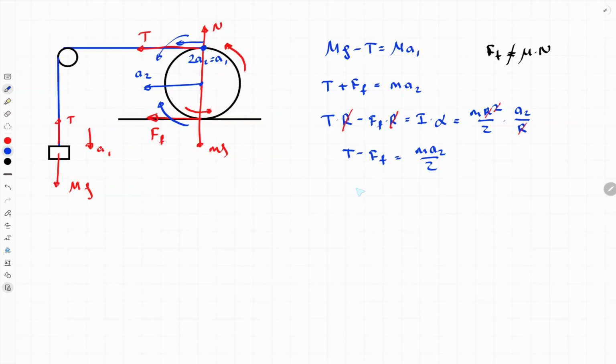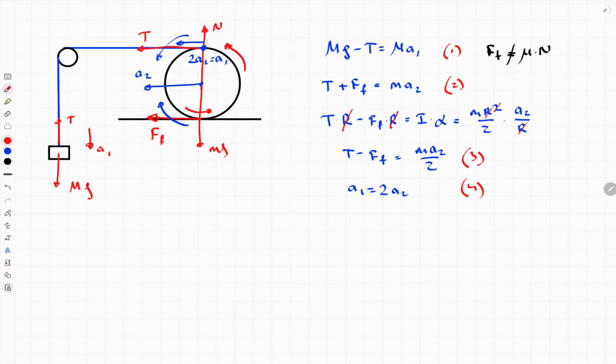It means A1 equals 2 times A2, again due to the no slipping rotation. So now we have 4 main equations, and we can determine A1. It's just a matter of time. So we totally finished the physics part here.